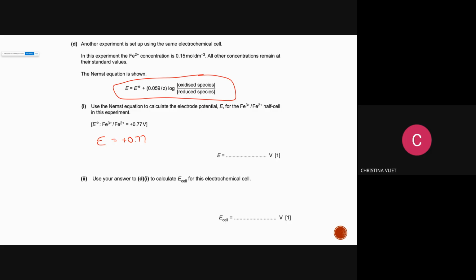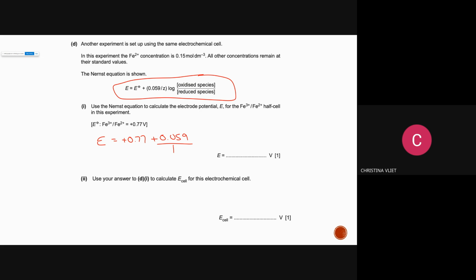You don't get the data booklet here because it's a newer question. They give it to you in the question. So newer questions, they'll give you the values in the question. Then plus 0.059 divided by Z. What is Z? Transfer of electrons. From Fe3+ to Fe2+, how many electrons is that? 1. Difference of 1.